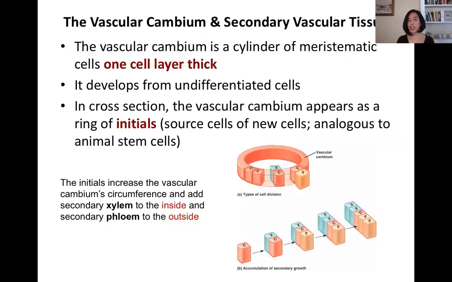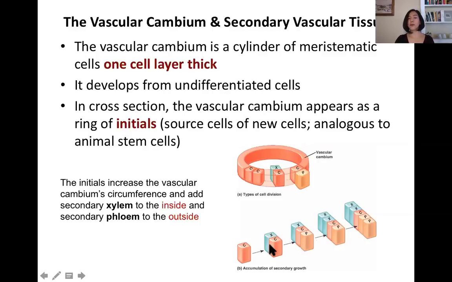Remember, I told you that in angiosperms, monocots have scattered vascular tissue. However, eudicots have the vascular system arranged in a ring. This is key because some eudicots that have the vascular system arranged in this ring can form secondary growth because of that property. So here is this ring, and as I say, they divide, they form phloem outside and xylem towards the inside.